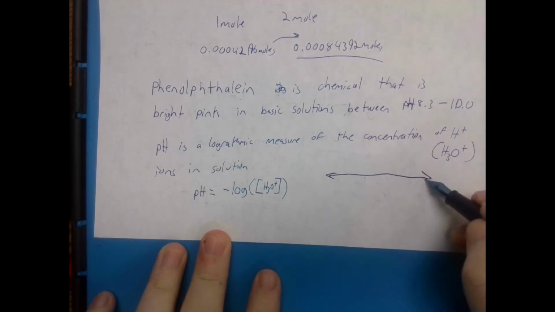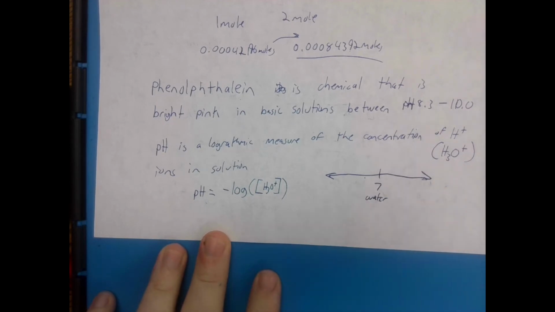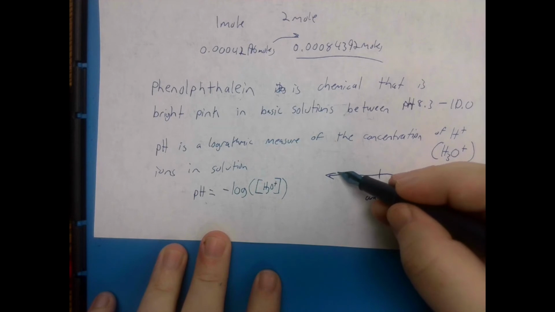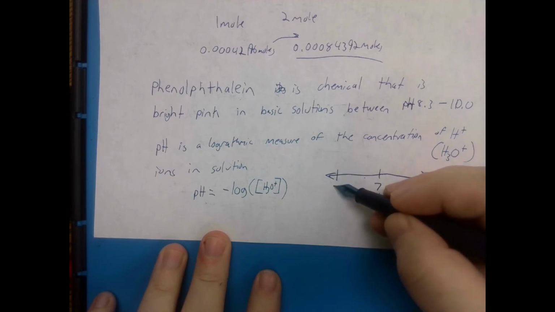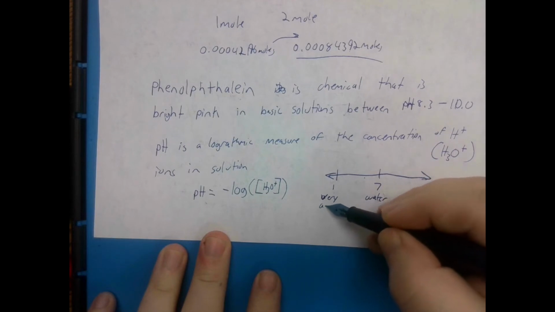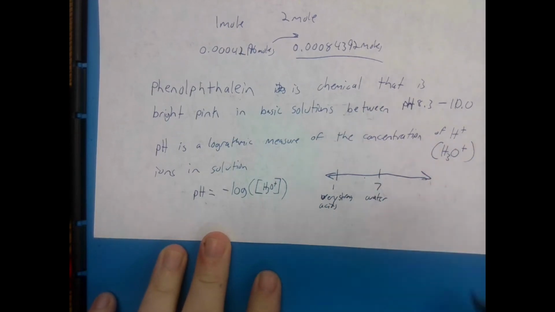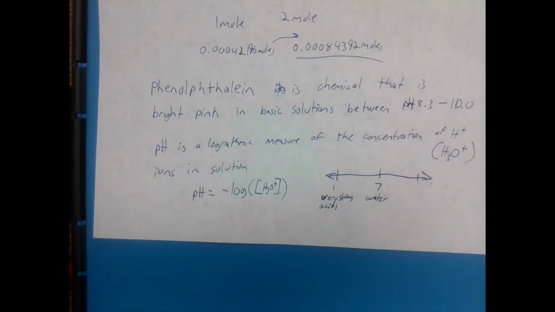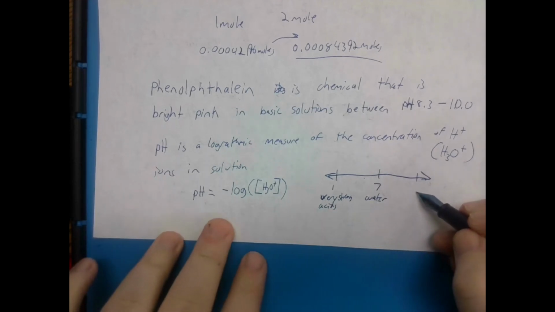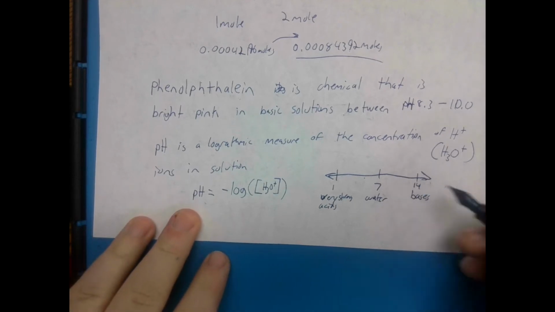Water has a pH of 7. Very, very strong acids are around 1. Very strong bases are around 14.